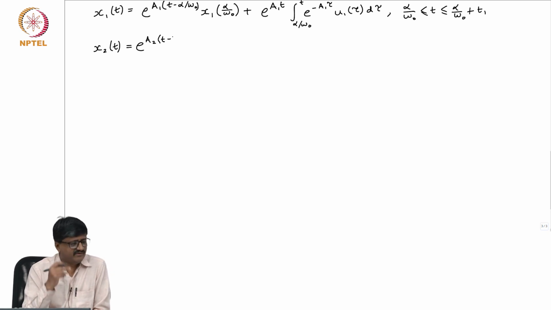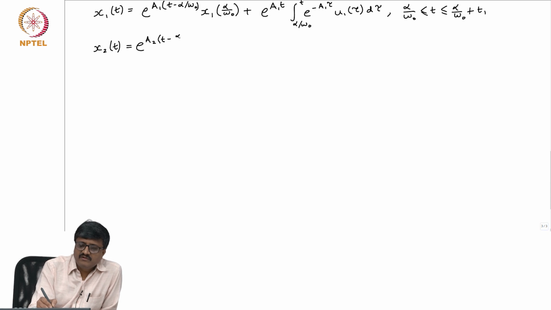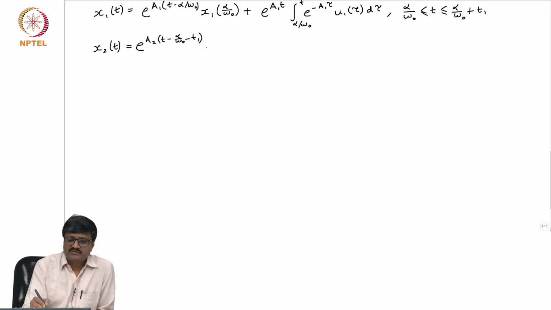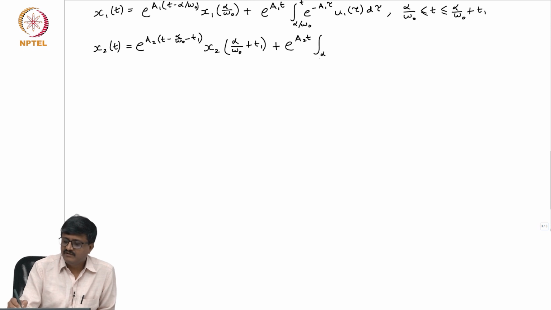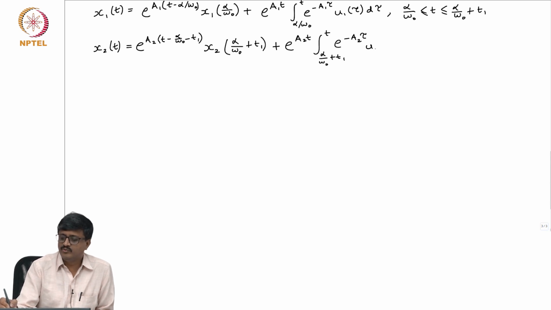It corresponds to the initial instant of the second subinterval, that is alpha by omega o plus t1, into x2 of alpha by omega o plus t1, plus exponential a2 t integral alpha by omega o plus t1 to t exponential minus a2 tau u2 of tau d tau.